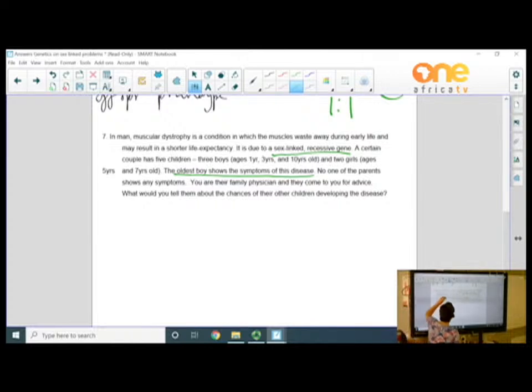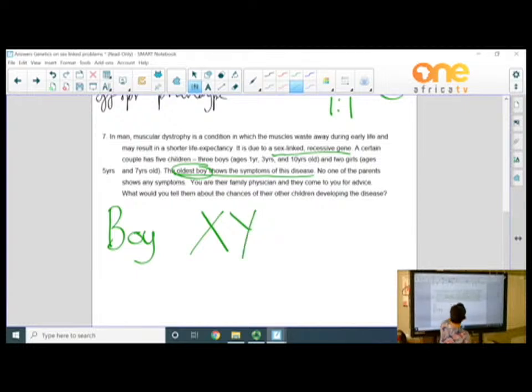If the boy is showing symptoms and it is recessive, it means that it is sex-linked, so if we use a small m for muscular dystrophy, the boy will look like that. And the boy can only inherit this X from whom? From his mother.